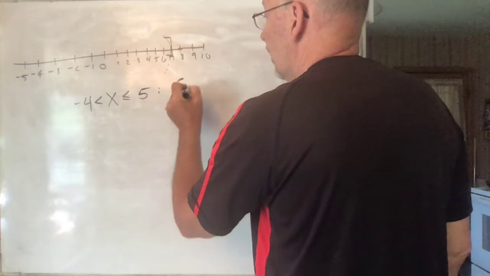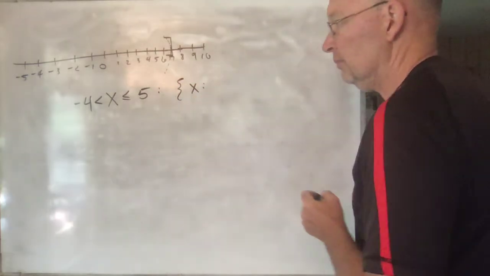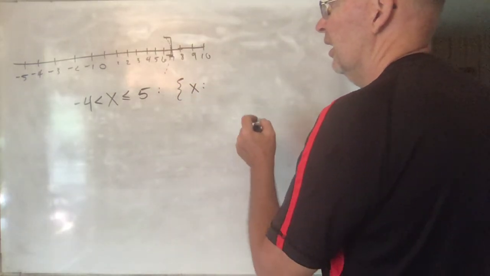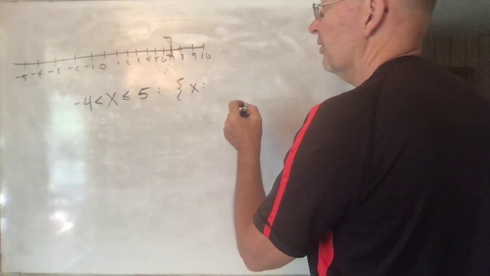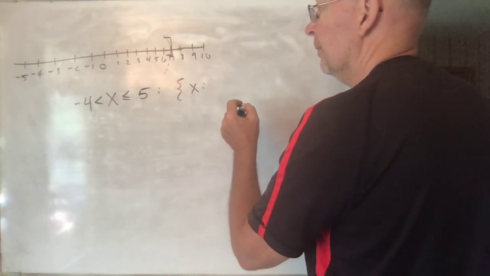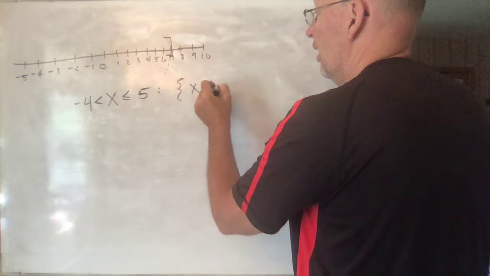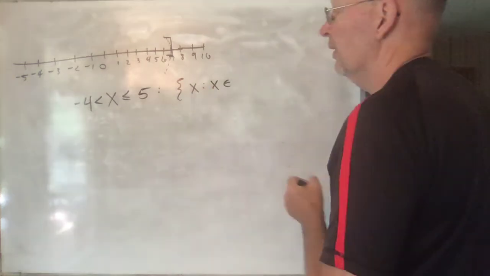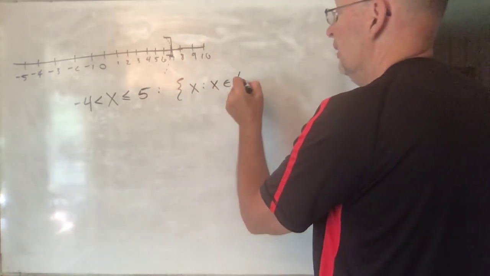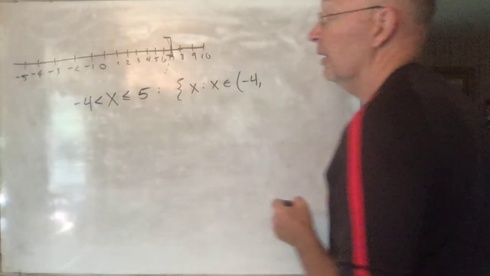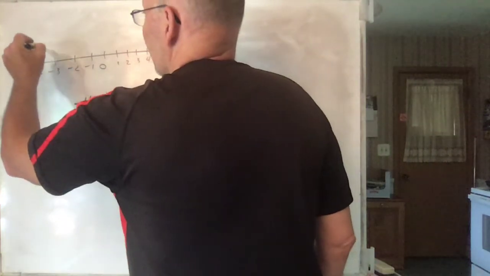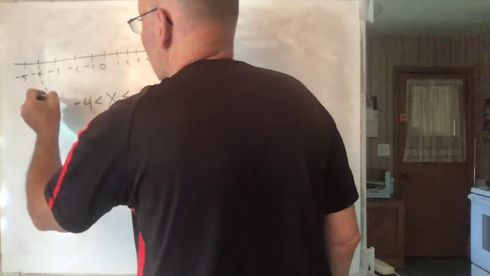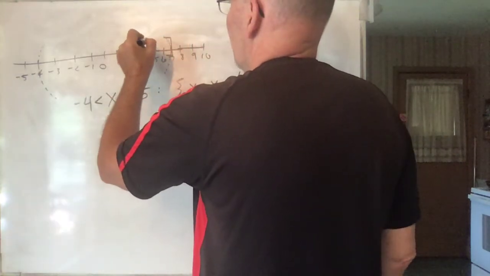It means you want all the x's such that x is an element of the interval from negative 4, because you want to be larger than negative 4, and here is 5 right there.